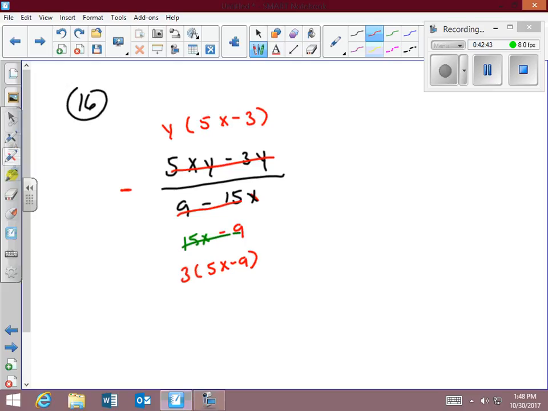Now notice that you have a 5x minus 3 that, when you put them over top of each other, they're 1, and all it leaves me is a negative y in the numerator over 3. Now you could write that as negative 1/3 y. Whatever works in the problem you're working with. But this would be okay.